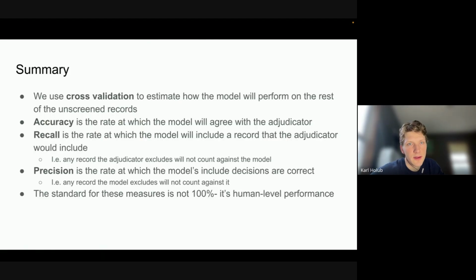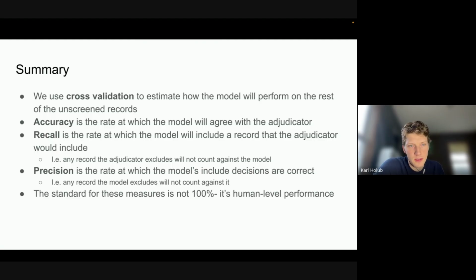So in summary, when producing the statistics you see in the table, we use a technique called cross-validation, which is just using labels from already existing screening data. Then we evaluate three different statistics: accuracy, recall, and precision.